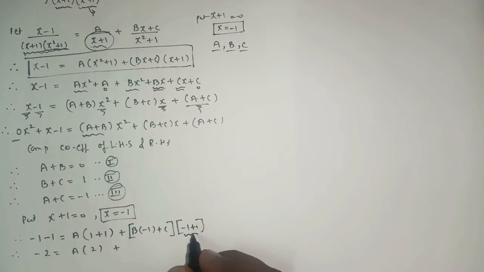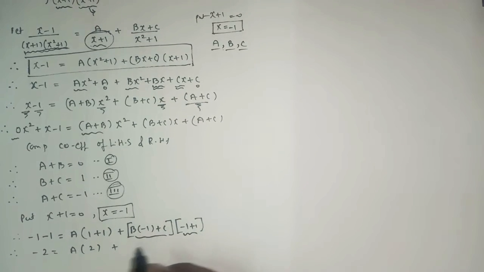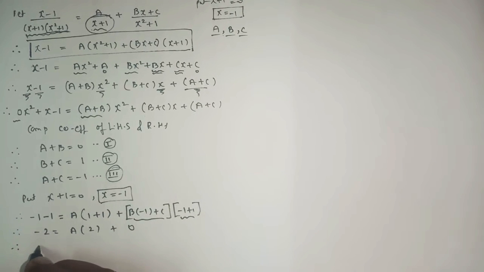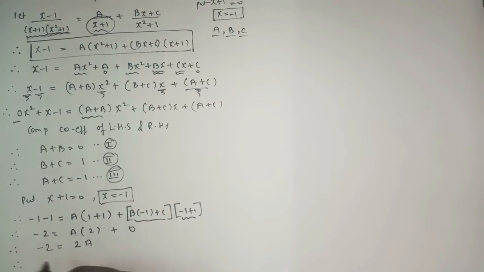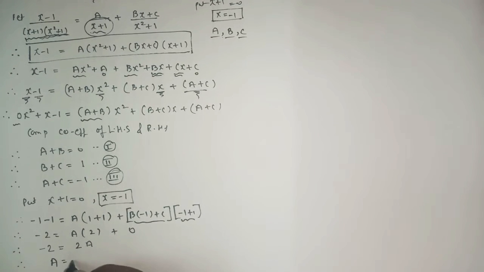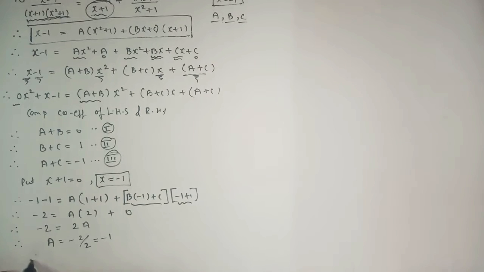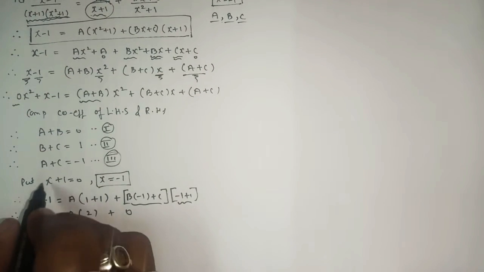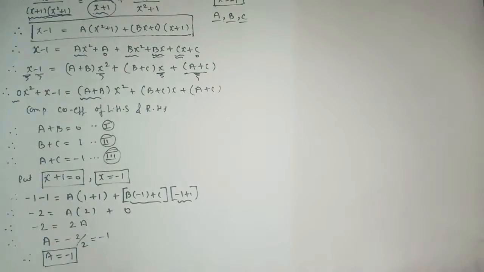Here 1 minus -1 plus 1 is 0. So 0 into any number will be 0. Yes or no? So here you will get -2 equals to 2a. So therefore the value of a will be equals to -2 by 2. So here we got the answer of a, that is a equals to -1. As I told, with the help of one linear factor you will get only one answer.